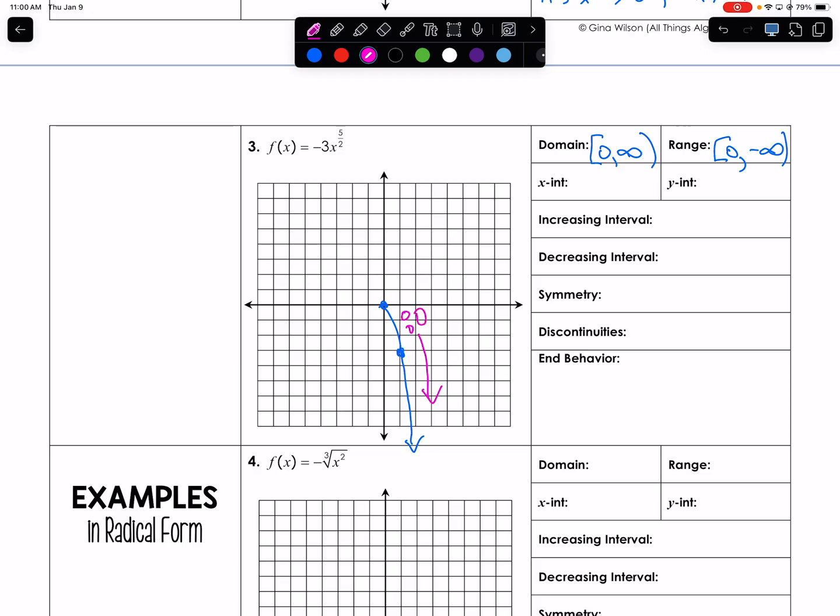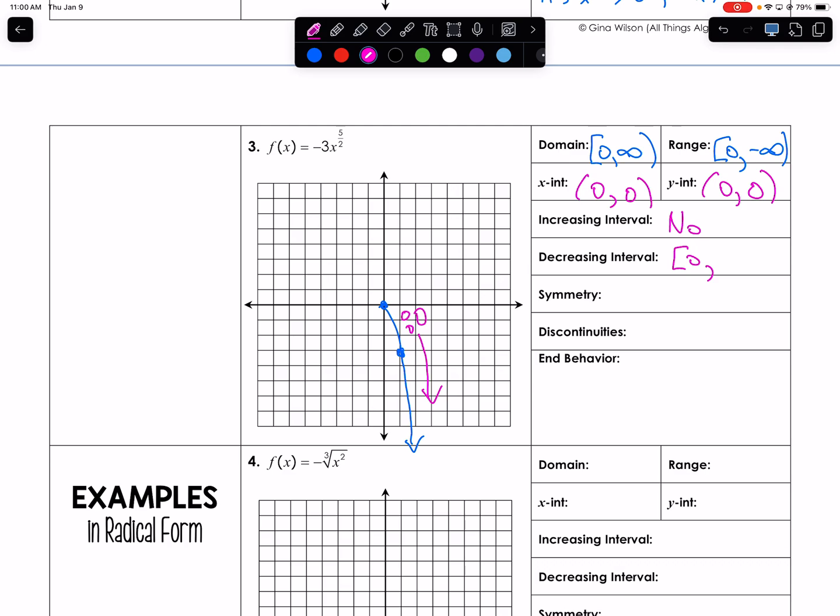All right, x-intercept, y-intercept, 0, 0, 0, 0. Is it increasing? Nope. Decreasing from where to where? 0 to negative infinity. But, wait. Intervals are what kind of values?